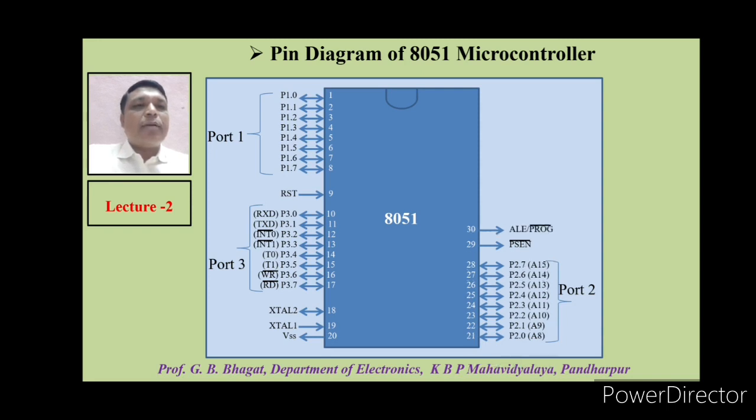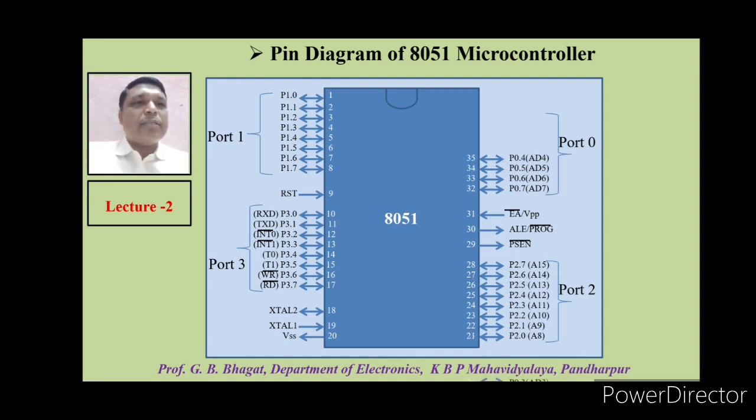The next pin number 30 is assigned for ALE, that is address latch enable, which is used to demultiplex the multiplexed address data bus. The next pin number 31 is EA, that is enable access, which is used to access the external memory. The next pin number 32 to pin number 39, these are the 8 pins that are assigned for port 0.